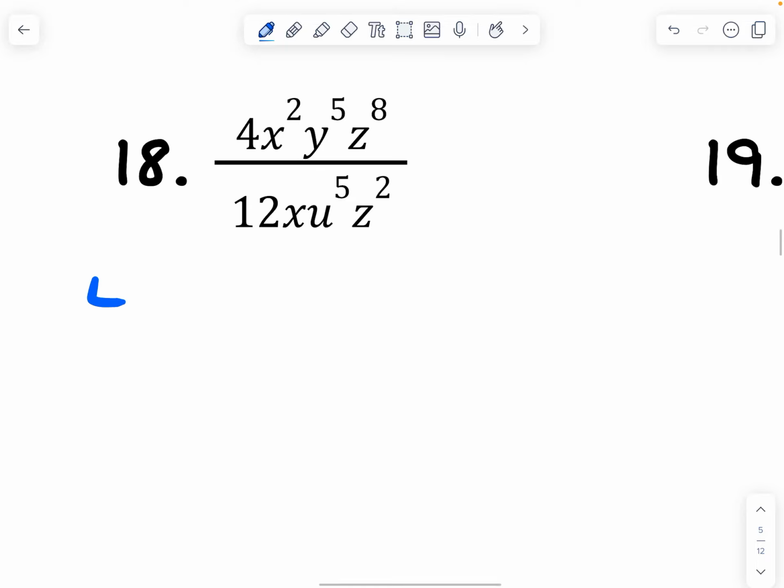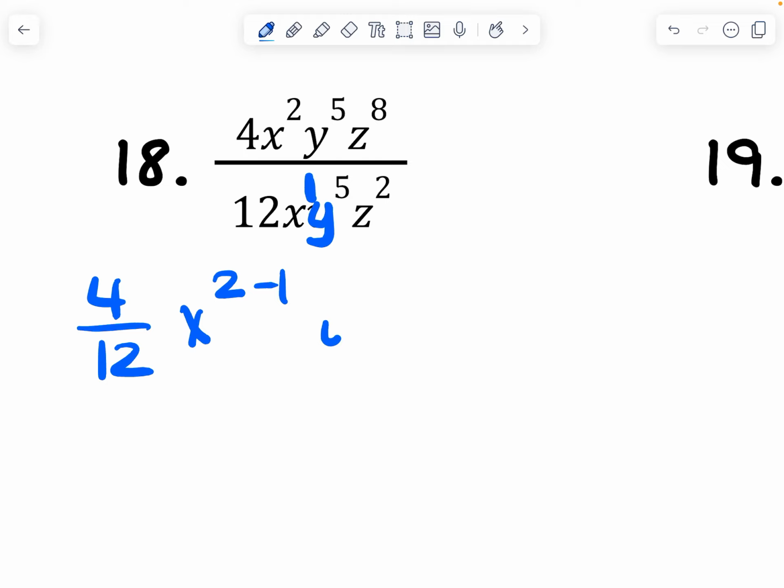So this one, I have 4 over 12. Remember, this has an invisible 1. 2 minus 1. I think this is supposed to be a y. Change that to a y. 5 minus 5. z, 8 minus 2.